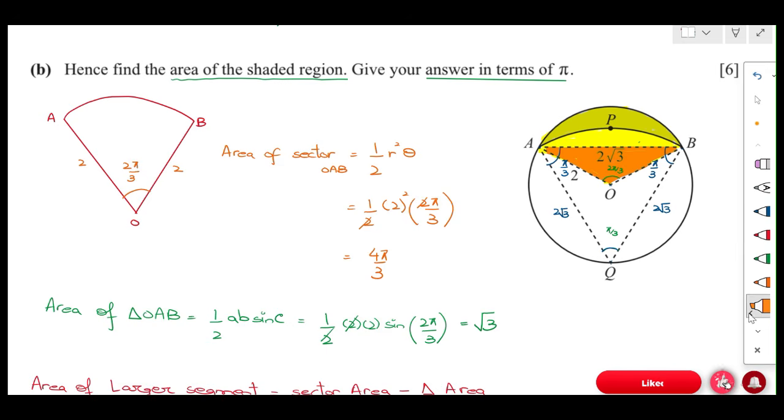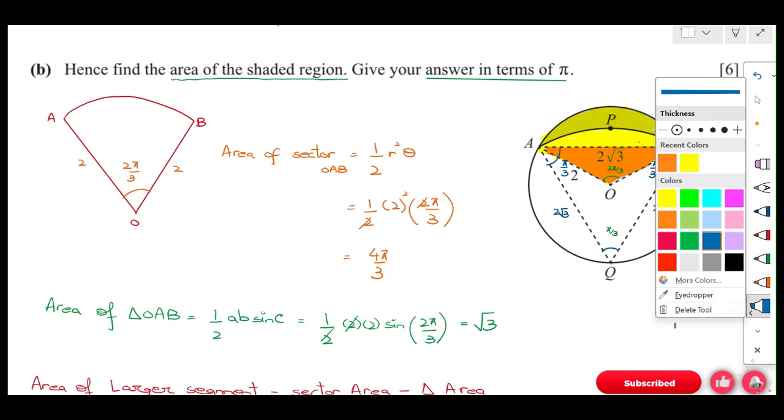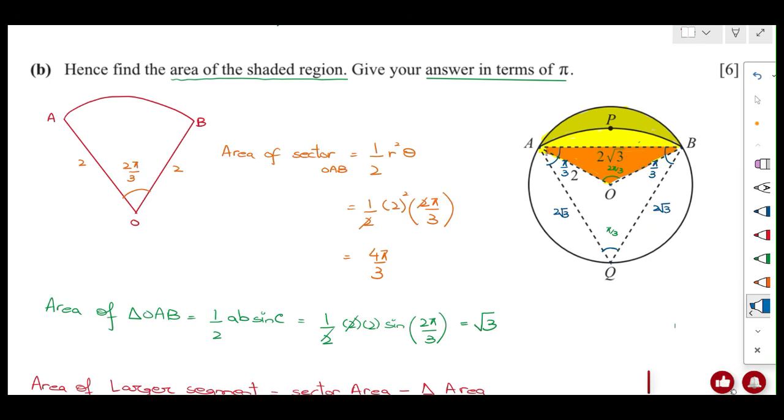Now the next thing I'm going to solve is, let me shade with the blue. I would like to figure out the area for this sector QAPB, for this whole sector.